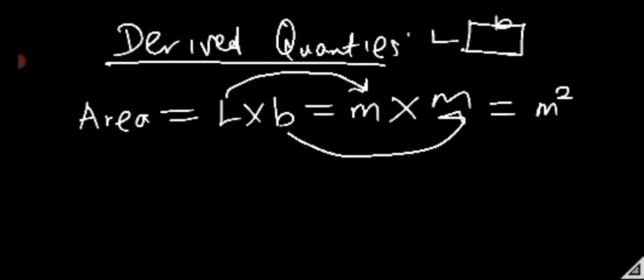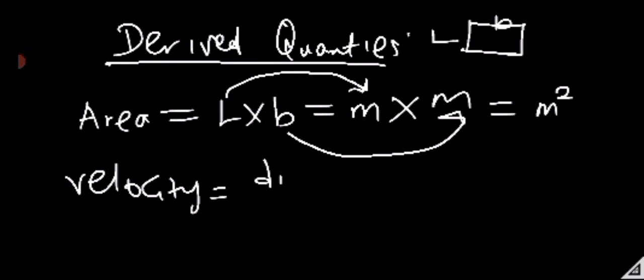Let's take another example: velocity. To get the unit for velocity, we must first know the formula for velocity. Don't worry, as we progress you will know more formulas. The formula for velocity is displacement over time.